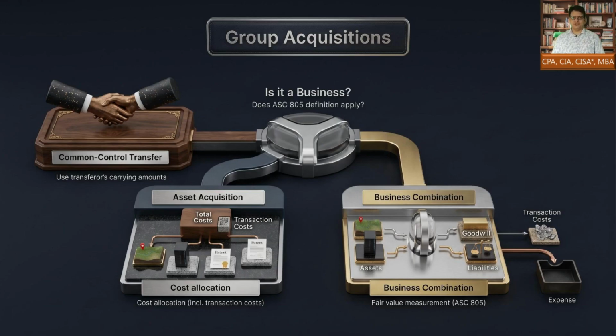In an asset acquisition, total cost, including transaction costs, is allocated to the assets acquired based on relative fair values. For common control transfers, the receiving entity generally uses the transferor's carrying amounts. So do not assume that every group purchase is a business combination. That first classification question drives the whole accounting treatment.